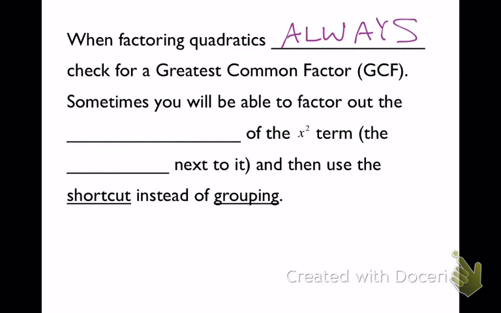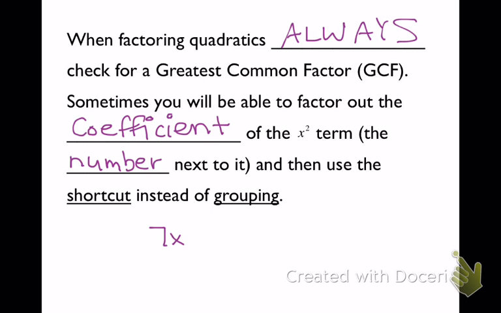Sometimes you'll be able to factor out the coefficient, which is the number in front of the x squared. And the nice thing about factoring out the coefficient is that we can now use the shortcut instead of grouping. So let's say we have something like 7x squared plus 14x plus 70.